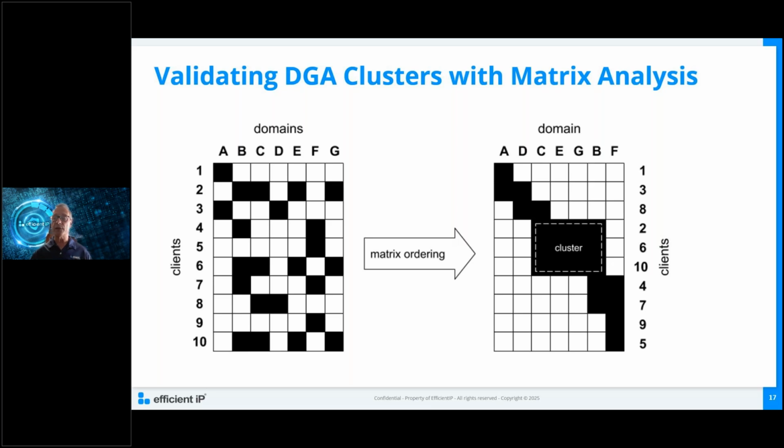This allows the identification of clusters, which represent the DGAs. Within this algorithm, it's quite impressive. It is also highly sensitive to noise, meaning legitimate DNS traffic from clients can interfere with the analysis and render it ineffective. So what do we do?